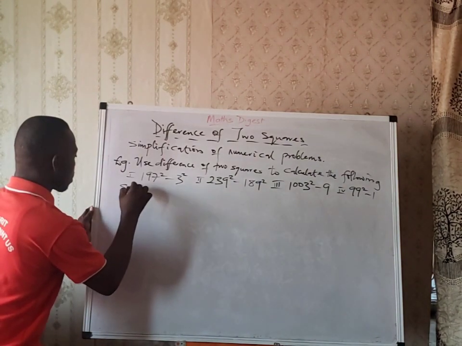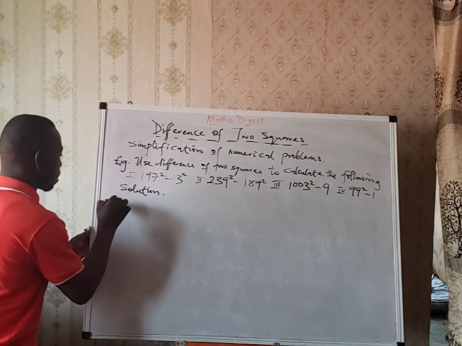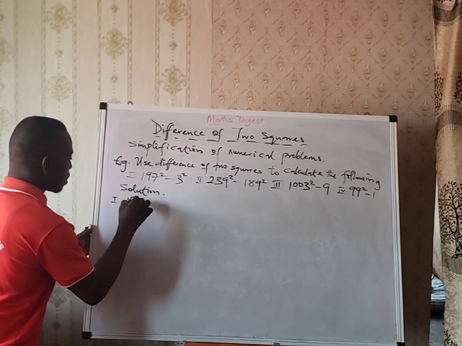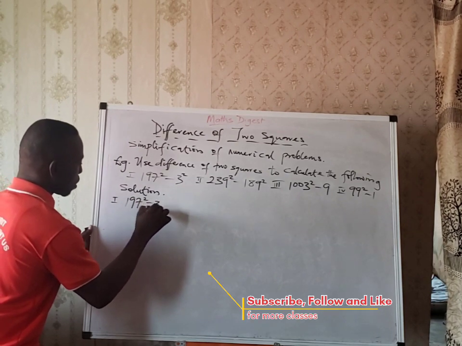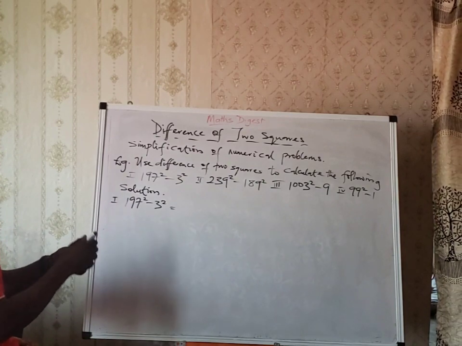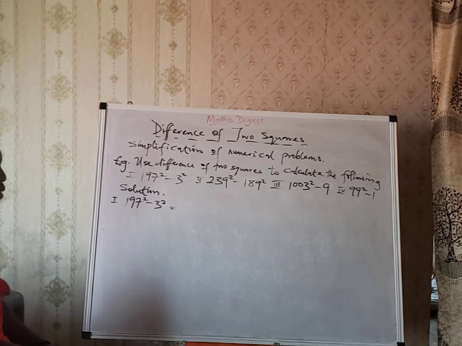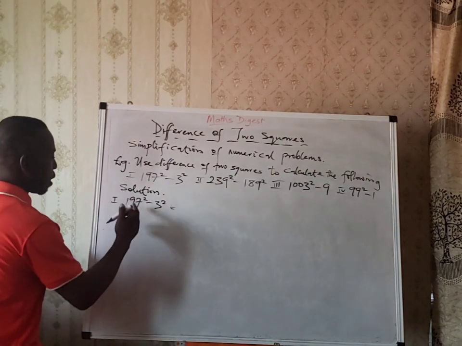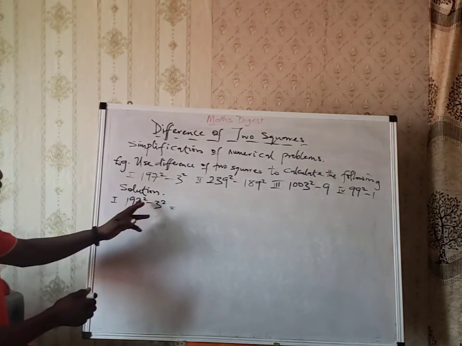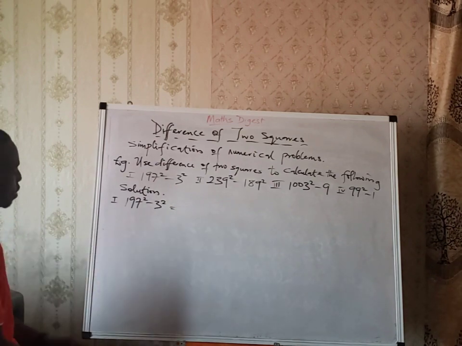Solution. Number 1, we have 197 raised to power 2 minus 3 raised to power 2. Using the difference of two squares, these are difference of two squares because they are minusing each other and both are squared.